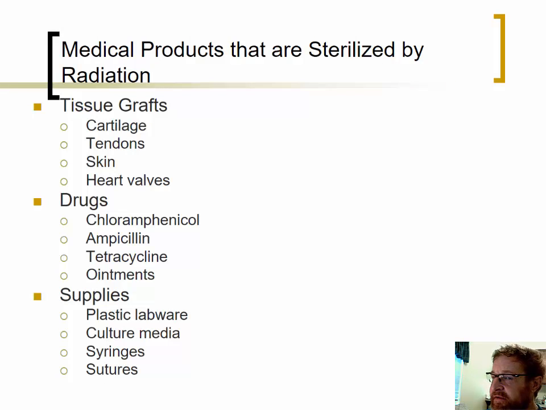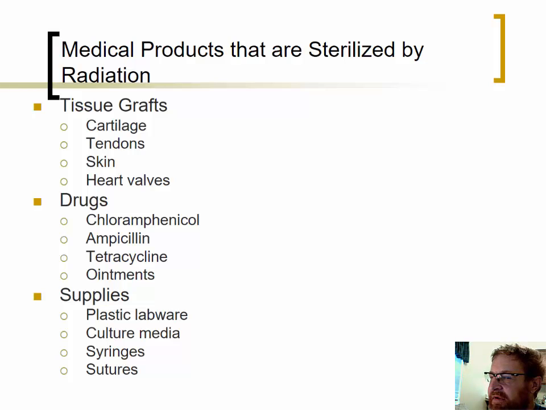Okay. Now the kinds of things that we can use radiation with are things like tissue grafts or certain drugs that are temperature sensitive, or things like plastic supplies that might melt if you were to use heat or an autoclave to sterilize them.